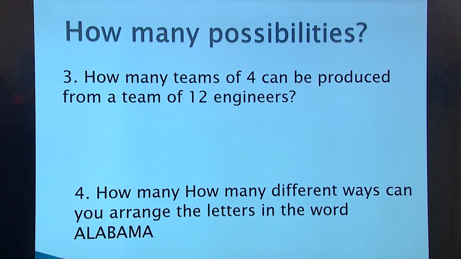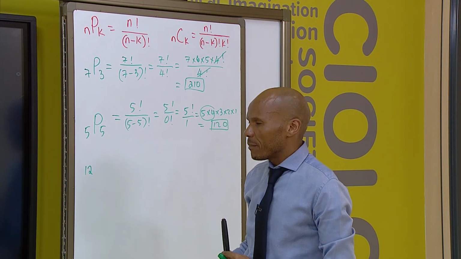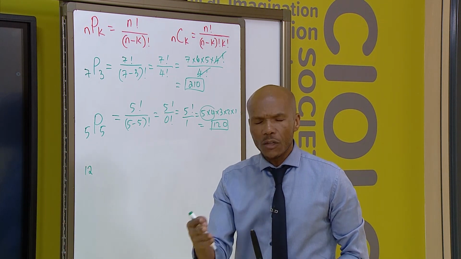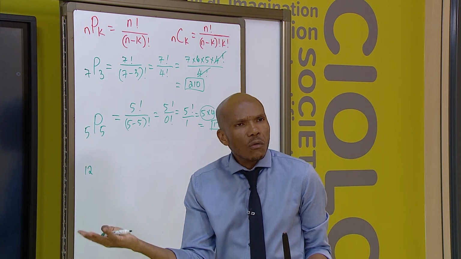Let's look at question 3. How many teams of 4 can be produced from a team of 12 engineers? So the total that you have is 12 engineers. But the question we had to ask first is, does the order really matter? The order doesn't matter. You just want 4, 4, 4, right?